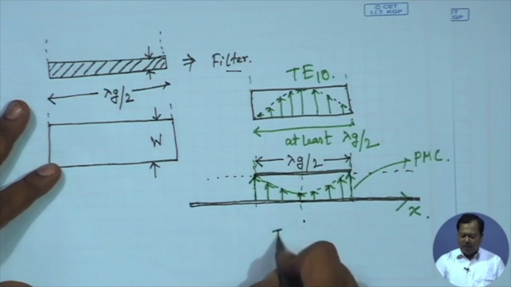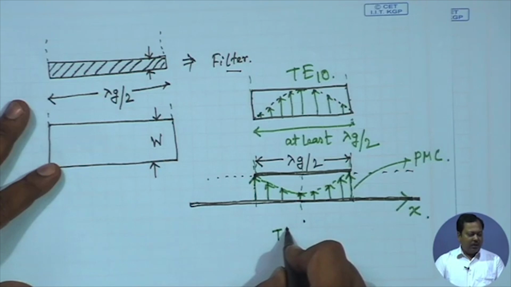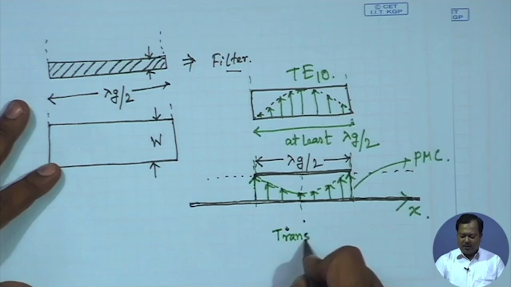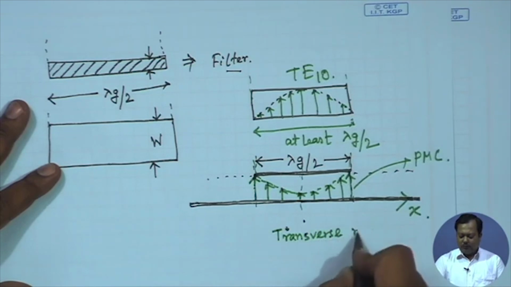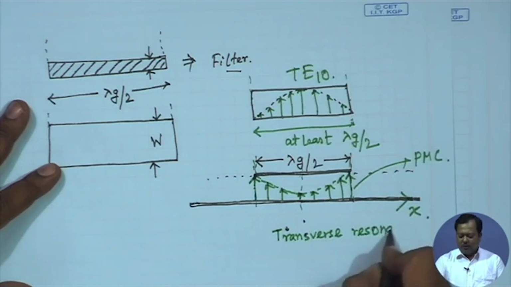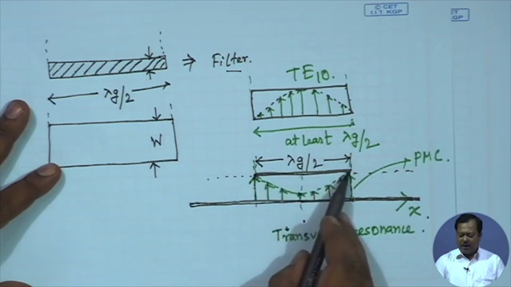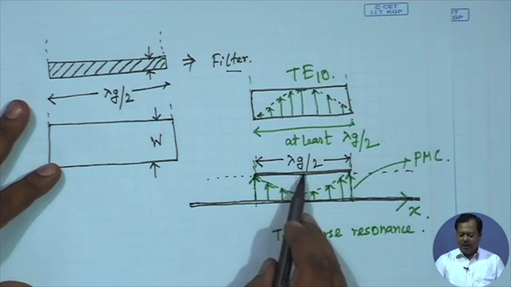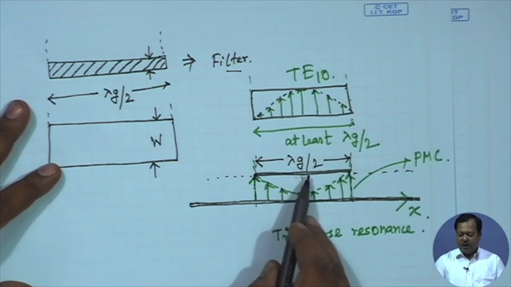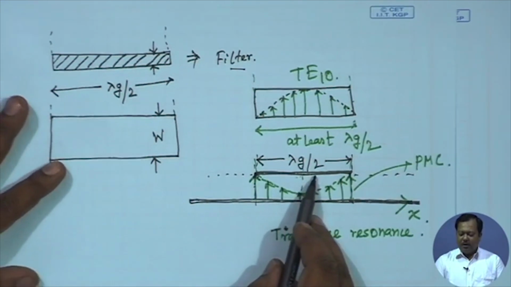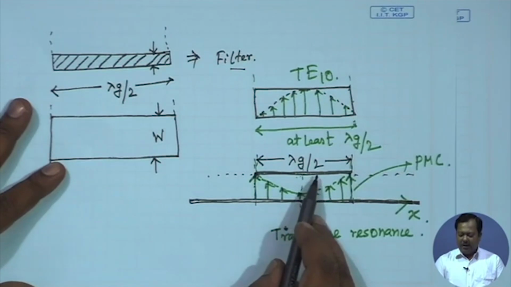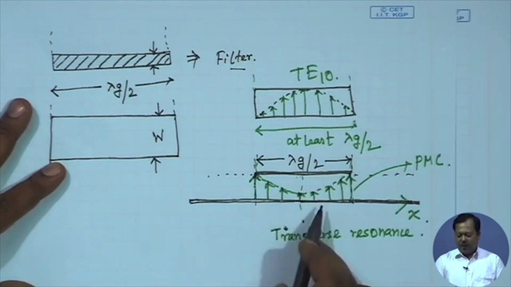So this is called the transverse electromagnetic resonance, or simply transverse resonance. So for this, the condition is that the width of the strip of a microstrip line should be at least lambda g by 2. So it's highly possible when we are dealing with millimeter wave frequencies.